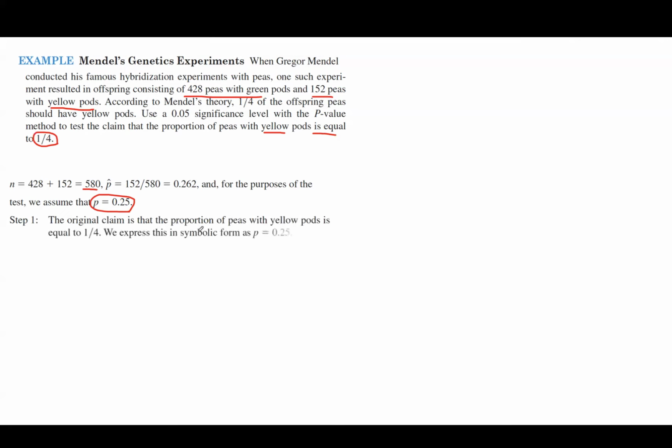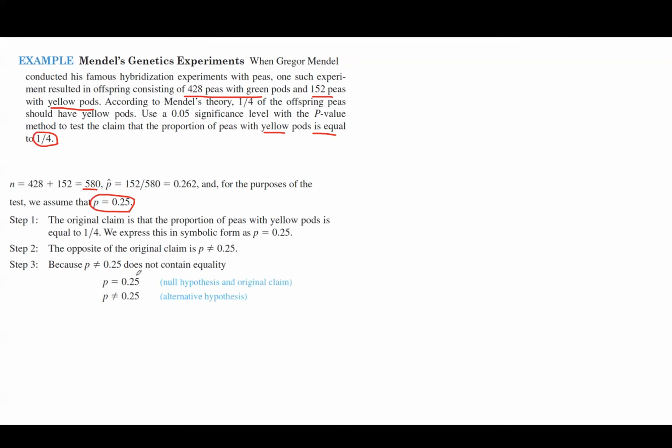So we can express this as the population proportion of 25% or 0.25. The alternative hypothesis says that it's not, it might be more than 25% or less than 25%. So because p is not equal to 25% as an alternative hypothesis, it means that we have a two-tail test.